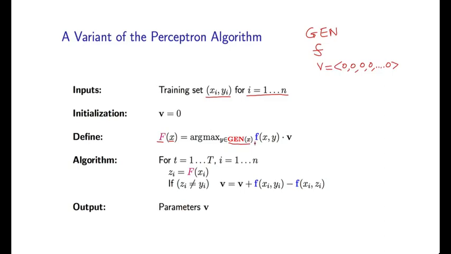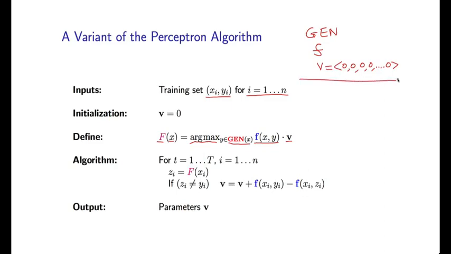For each structure we can calculate a feature vector, f of x and y, and we take the inner product with v to calculate the score for that structure, and we take the highest scoring member of gen as the final output of this model. Initially, when all these parameters are 0, all of these structures are going to have score 0, and so this is going to be a tie. Let's just assume in that case we have some arbitrary way of choosing between the tied members in the argmax. That's a minor detail.